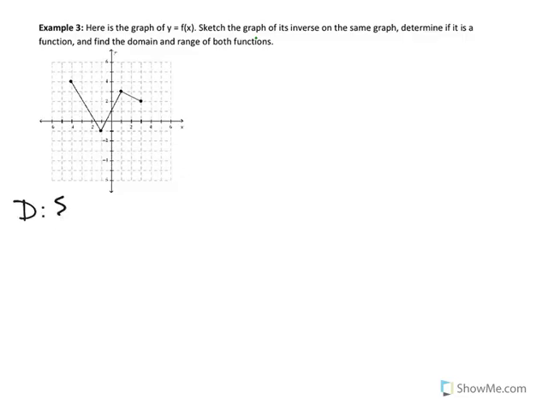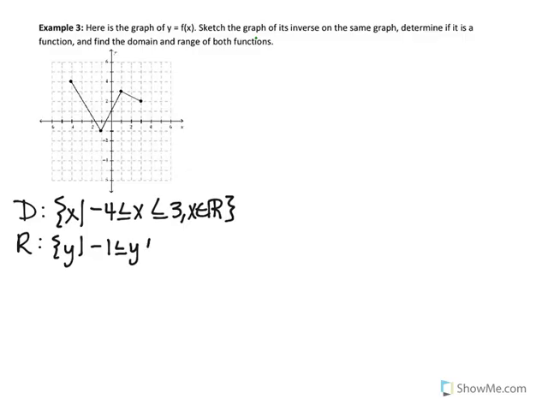So our domain is from -4 to 3. And our range is from -1 to 4.